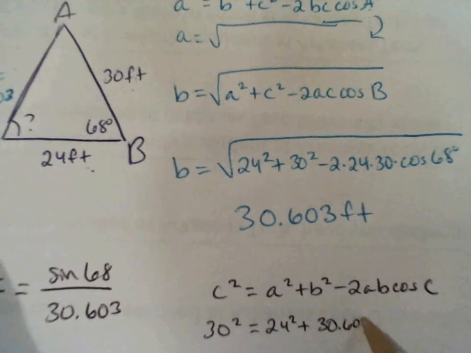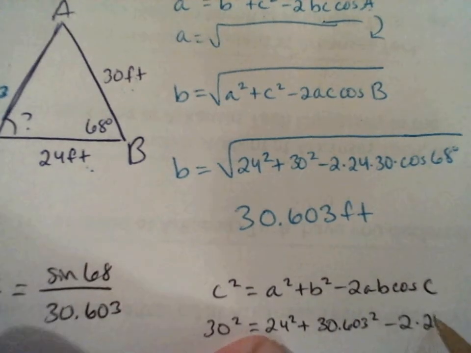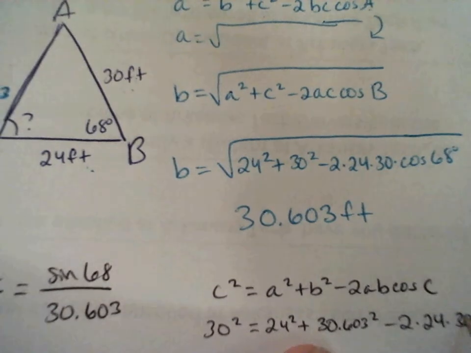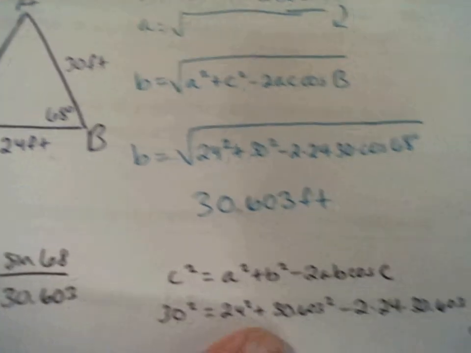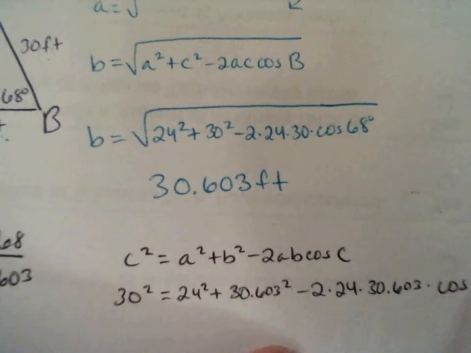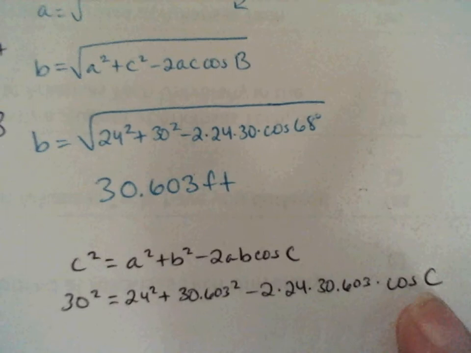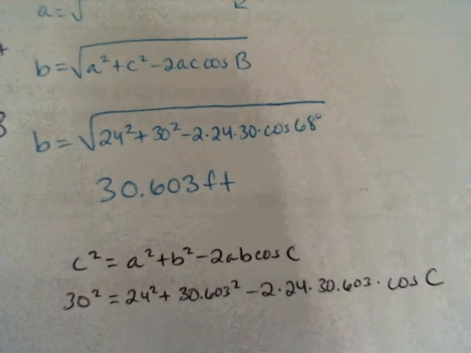A is 24, so 24 squared. B is 30.603 squared, minus 2 times A again, 24, times B again, 30.603, times the cosine of angle C, and there's my variable, right?